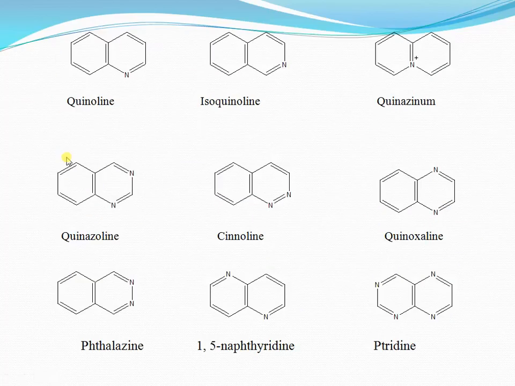Quinoline. It is benzpyridine. It is benzene and pyridine, that's why it is called quinoline. It is isoquinoline, quinolizinium and quinazoline, 1, 3.